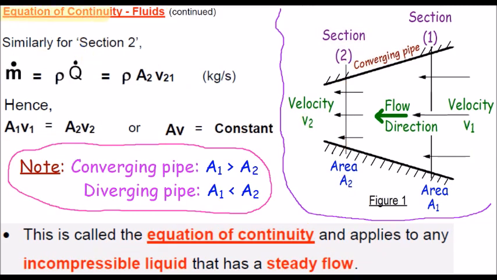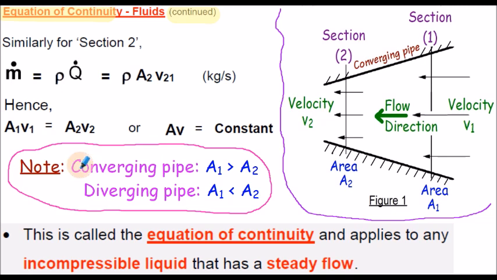Equation of continuity continued. Just note for reference, within the problems we're going to consider, we will either have a converging pipe or a diverging pipe. And in a few instances, there may be a pipe that converges and then diverges, so it might have 3 sections.